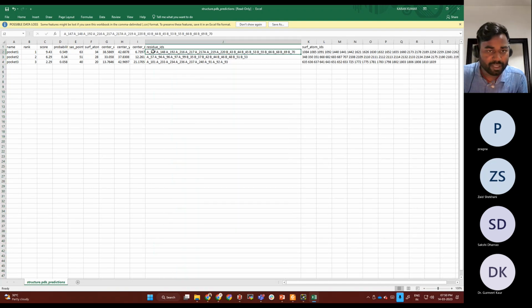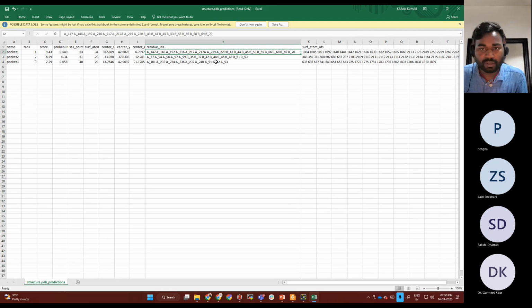Like in binding pocket 1, 147 is there, 148, 192, 216, 217, 217A, then 219, 220, 43, 44, 45, 53, 55, 66, 68, 69, and 70. These are the amino acid residues which are helping your ligand molecule to stay in place.